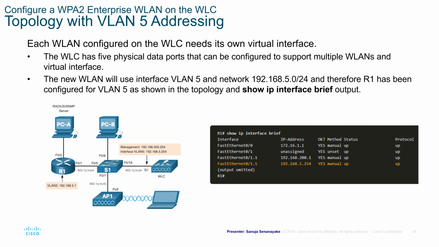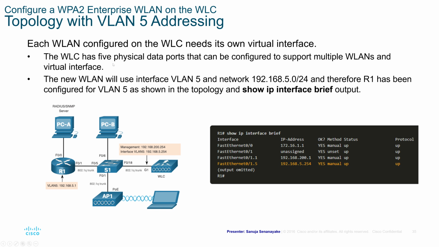Topology with WLAN 5 addressing. Each WLAN configured on the WLC needs its own virtual interface. So remember, we have this network diagram previously. This is the example we are using right now. So each WLAN configured on the WLC needs its own virtual interface, right?